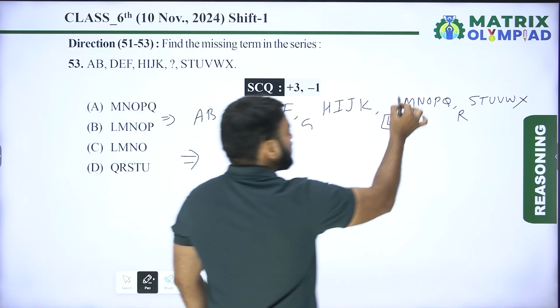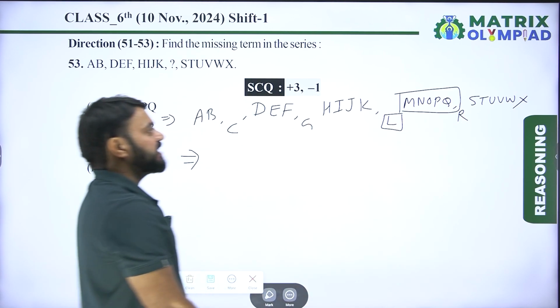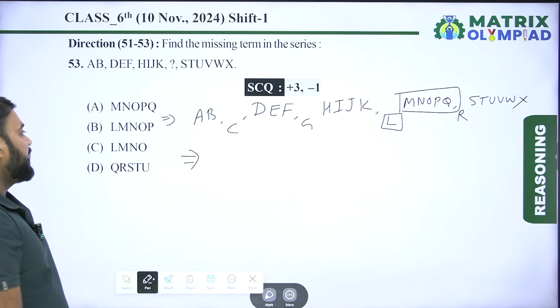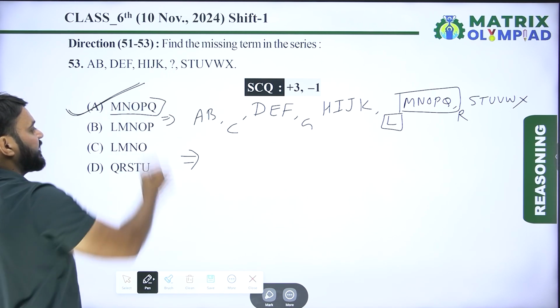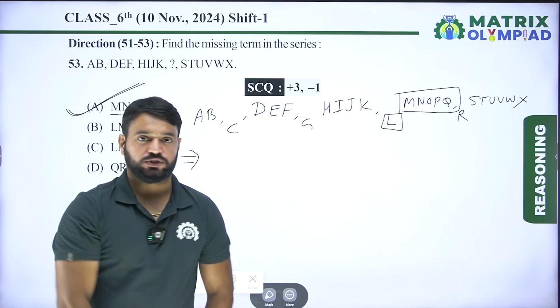So the missing term is M, N, O, P, Q. It means option A is the correct answer of this question.